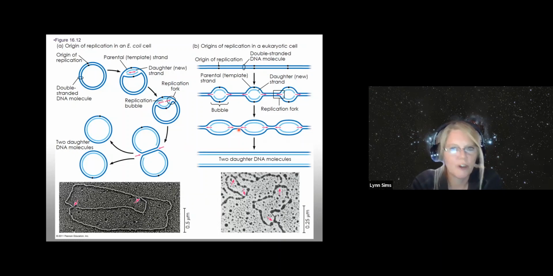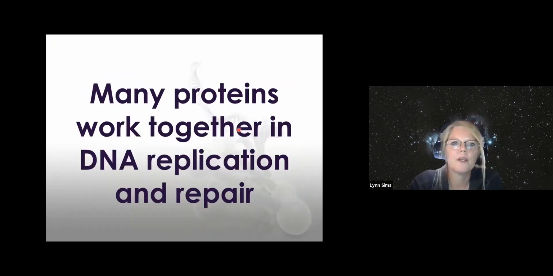So we're going to start moving into the details of DNA replication. Now, like I said, there's a ton of different proteins that participate, and your textbook doesn't even cover all of them. But it is important to know what the function of each protein is. All of these proteins and enzymes work together in order to replicate DNA, and we'll also talk about DNA repair.